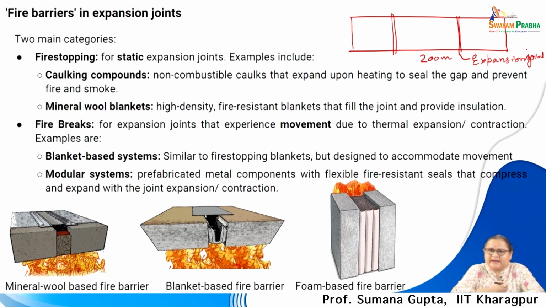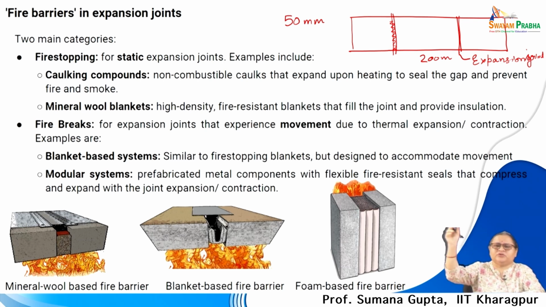What can happen? Generally when we design, we ignore these gaps, but these are gaps through which fire can pass. These are gaps through which smoke can pass, and these are usually 50 millimeter gaps. So, it is 2 inches.